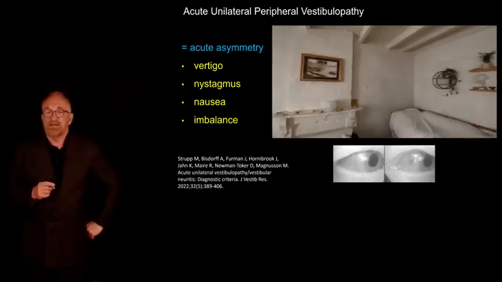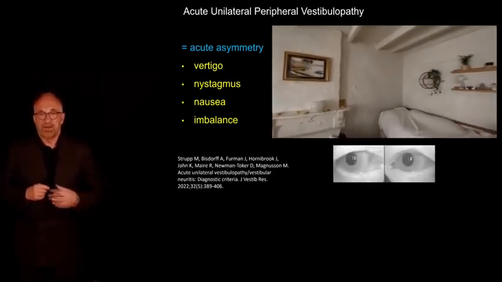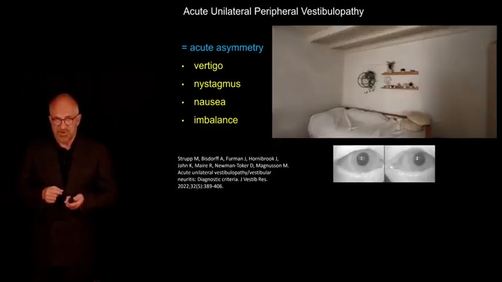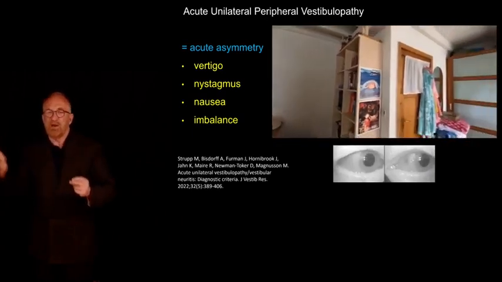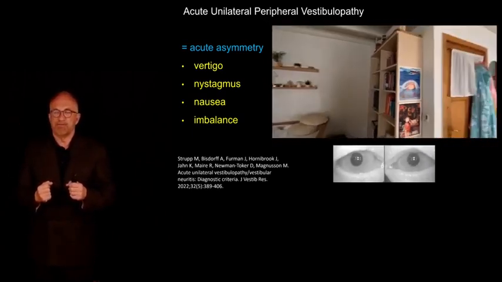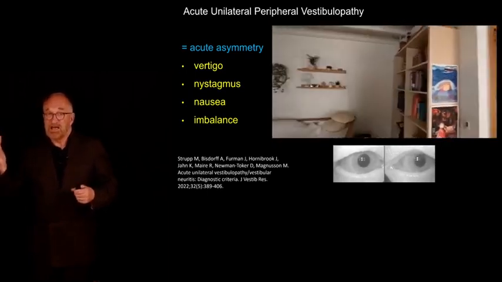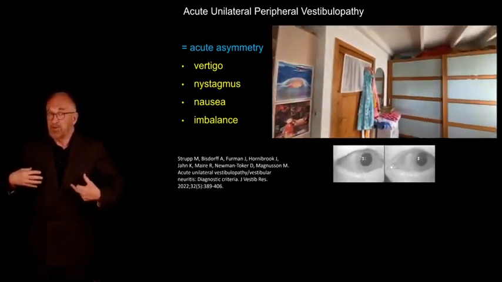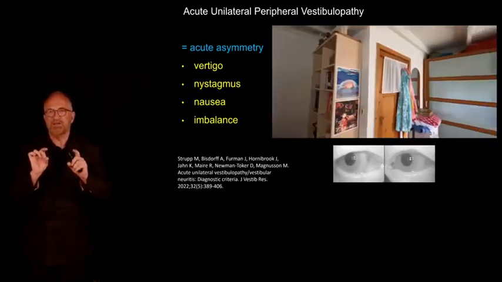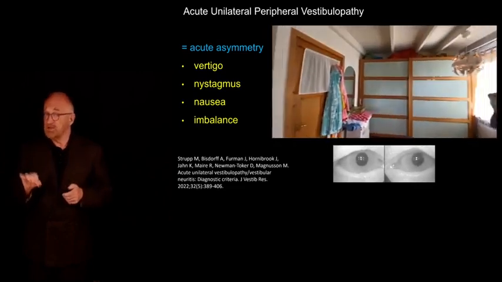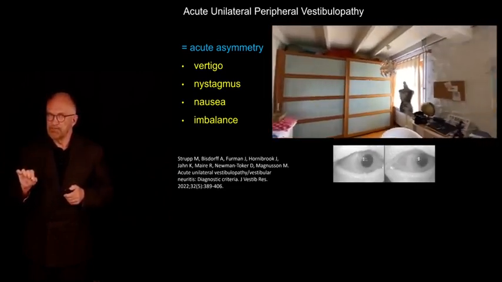Here we see an example of a patient that lost peripheral vestibular function in a neuritis. So he or she sees the environment moving very fast and has the feeling as if the environment moves, or he moves in the opposite direction. And when we observe the eyes, we can see a nystagmus beating to the healthy side.